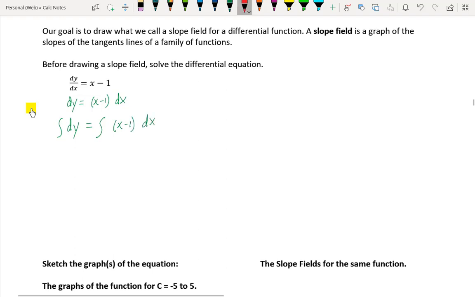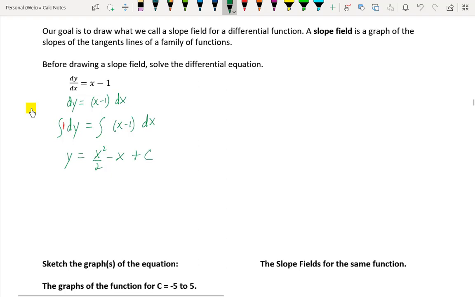And remember, when we integrate y all by itself, it's integrating 1 dy. Okay, so the integral of 1 is just y. And the integral on the right side of x is x squared over 2. And the integral of negative 1 is negative x. And then we have some value of plus c.